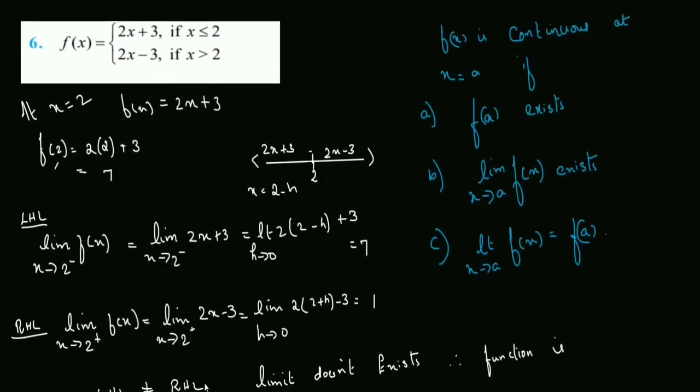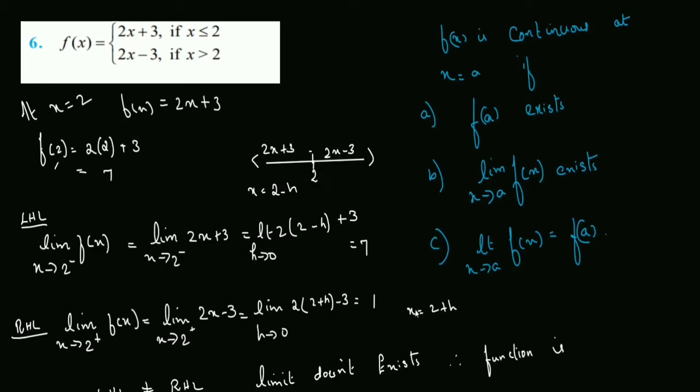Now you have to find the right hand limit. So right hand limit means limit x tends to 2 plus of f of x. Right side of 2, the function is given as 2x minus 3. So on the right side, how do you write? You put x as 2 plus h. h is a very small number, a small increment from 2, right of 2.